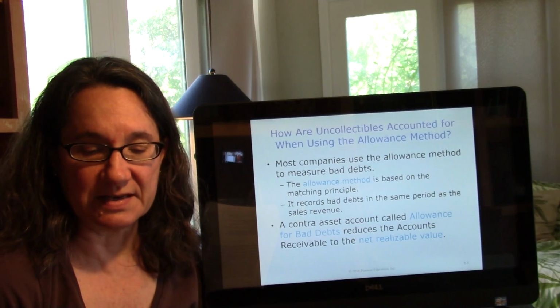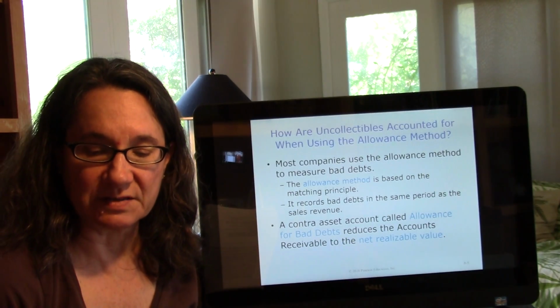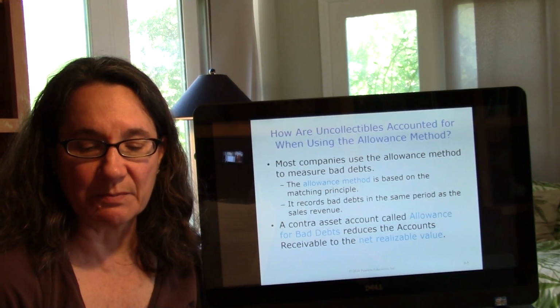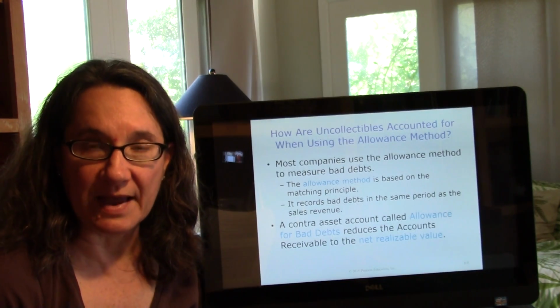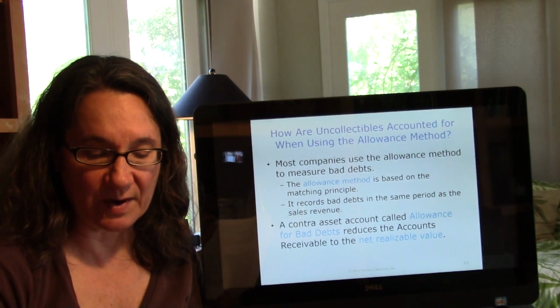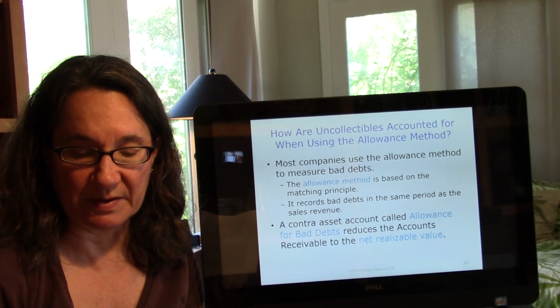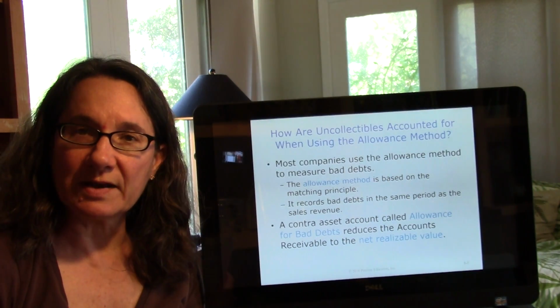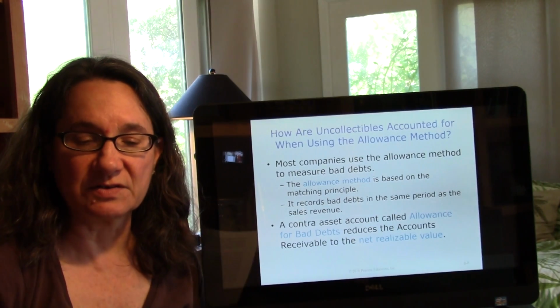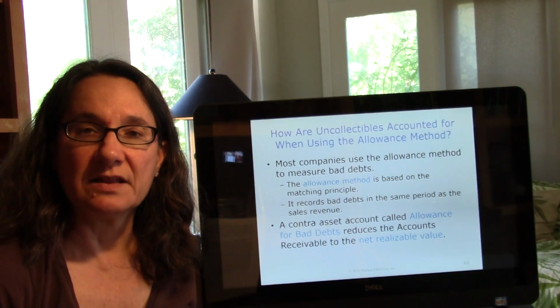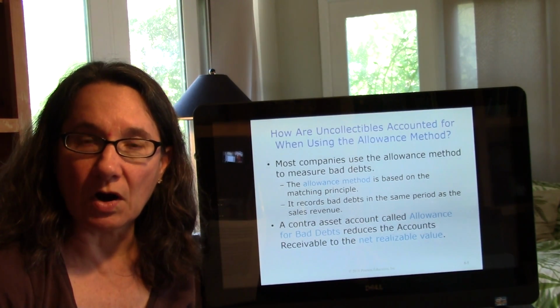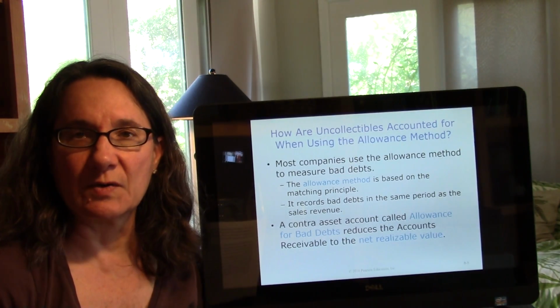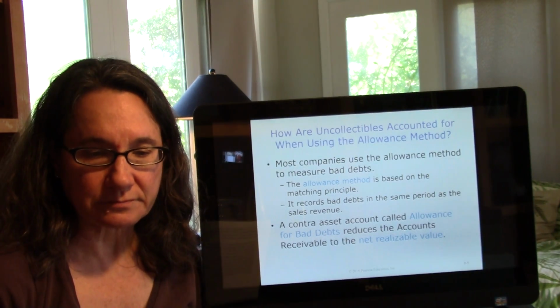The allowance method is a method of accounting for uncollectible receivables in which the company estimates bad debt expenses instead of waiting to see which customers the company will not collect from. To do this, we will rely on past experience and our understanding of the axiom that the older accounts receivable are, the less likely it is that we will actually collect them.